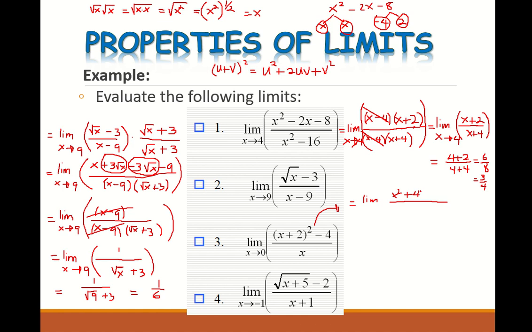And the third term is the square of the second term. Our second term here is 2, you square that, 2 squared is 4. And then we have minus 4.